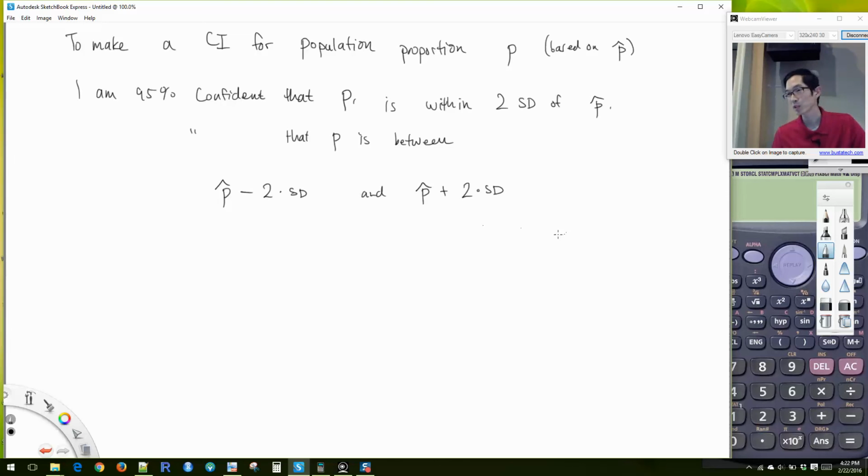So this is basically all we're going to do. This quantity, 2 standard deviations, is known as the margin of error. And we often write this, instead of writing is between p hat minus this and p hat plus this, the shorthand is to write, our confidence interval is p hat plus or minus 2 standard deviations.